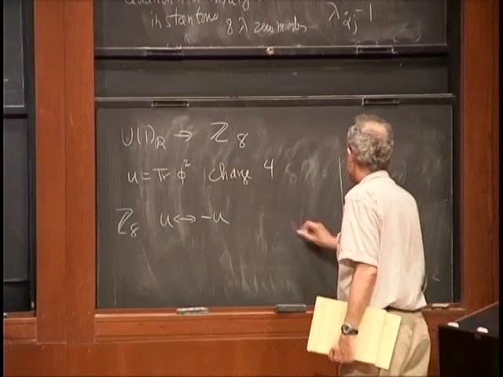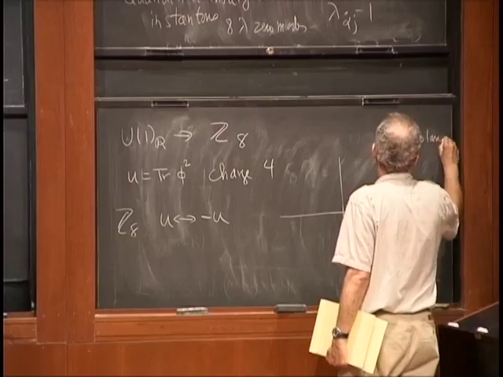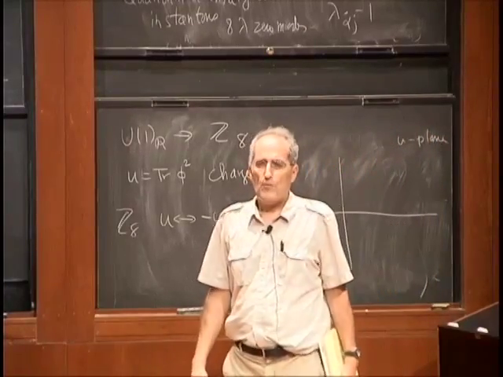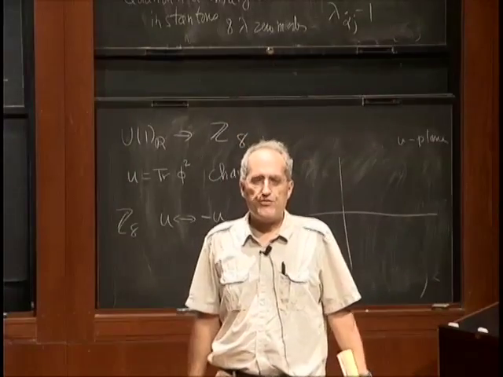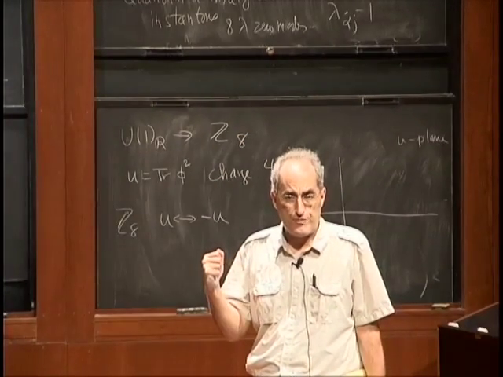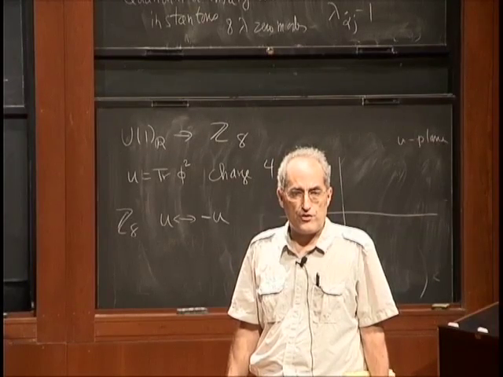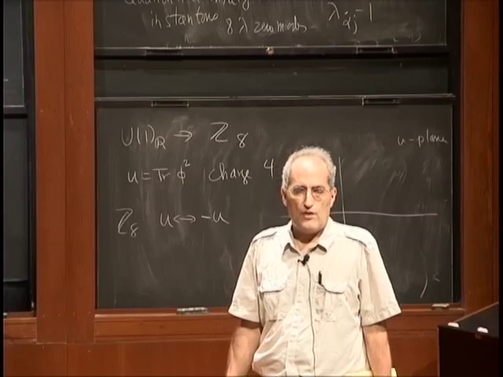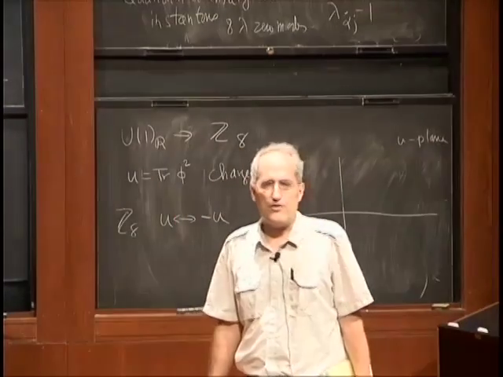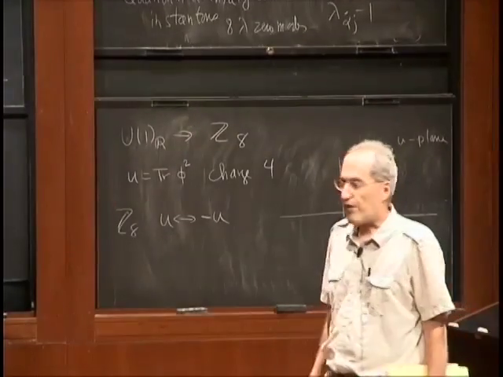So let's draw the u plane again. Because there is an anomaly, the theta angle of the gauge theory can be rotated away by making a U(1)R transformation. But that transformation acts on u because u carries charge. So you can eliminate the microscopic theta angle in favor of rotating the field u by a phase.